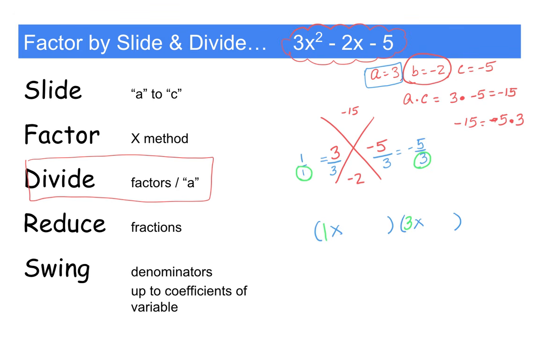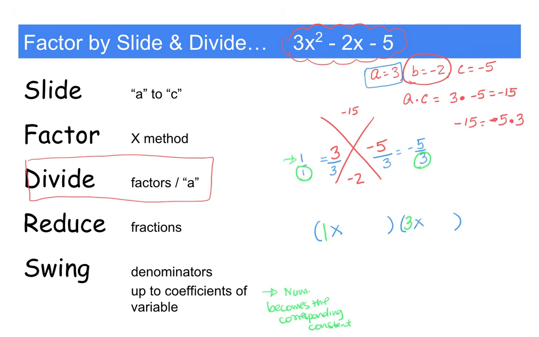My next step is that the numerator, so I didn't actually write that here, but the numerator becomes the corresponding constant. So the numerator when the denominator was 1, the numerator was simply 1.